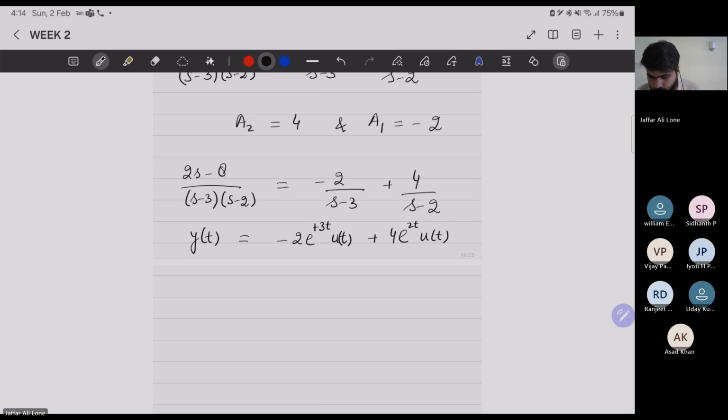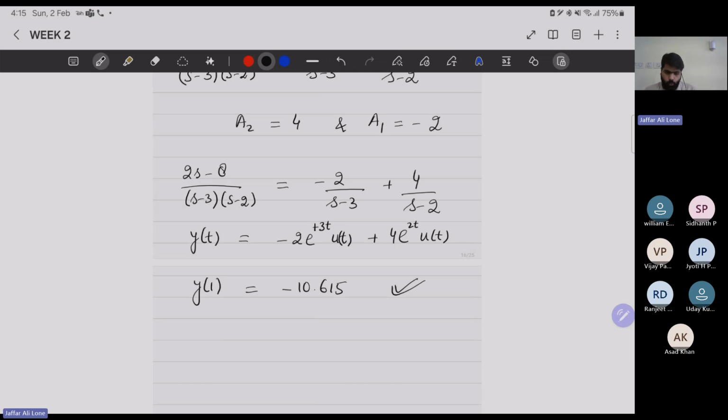Then when you put t equal to 1 for y(1), you will get the value as 10.615, right? Is this clear? This question had many parts. First, we knew the properties of the Laplace transform.